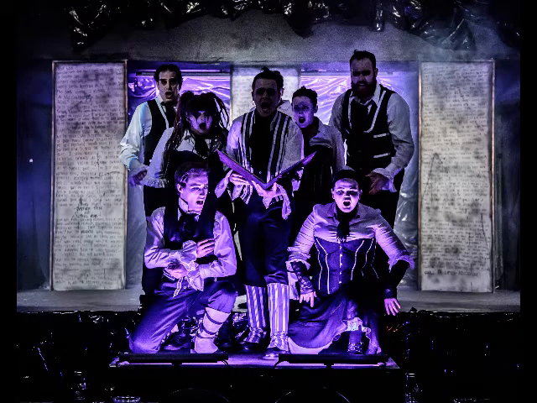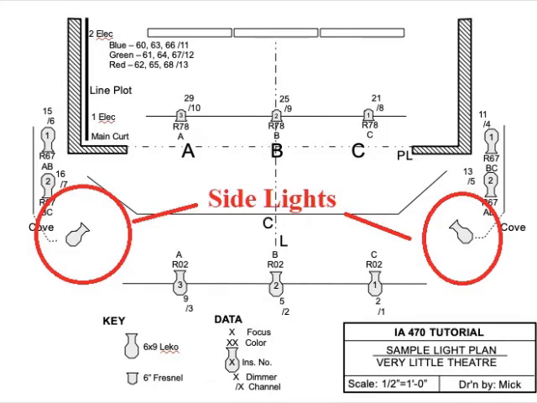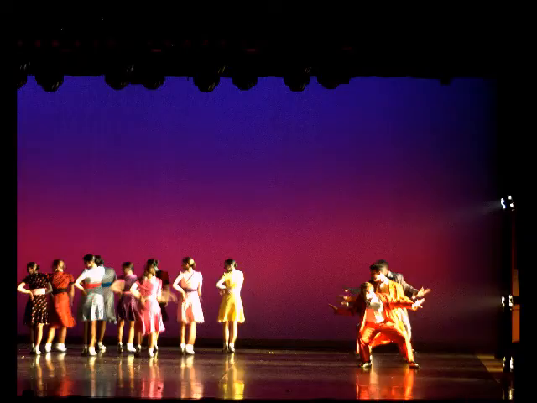for a specific effect. Side lights are lights that light up your actors from the side. These lights can be located off stage in the wings, usually on lighting trees, or extremely close to your proscenium. Side lighting is not something you often see in natural settings, so side lighting is often used to create very specific looks.